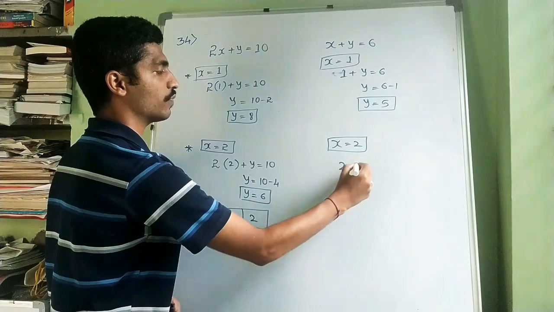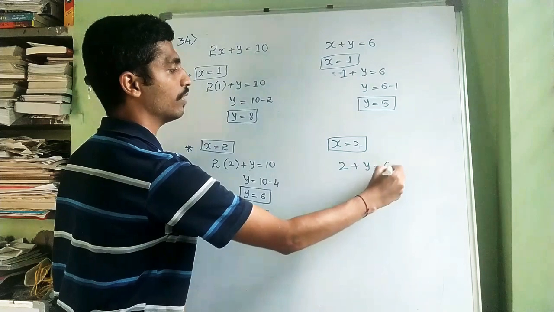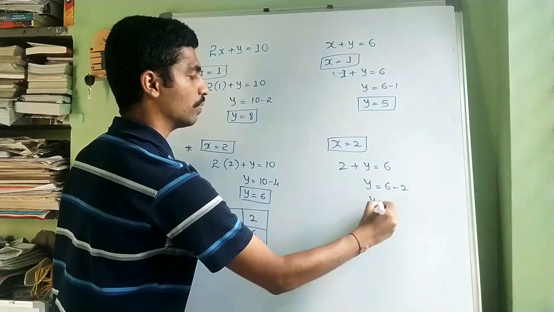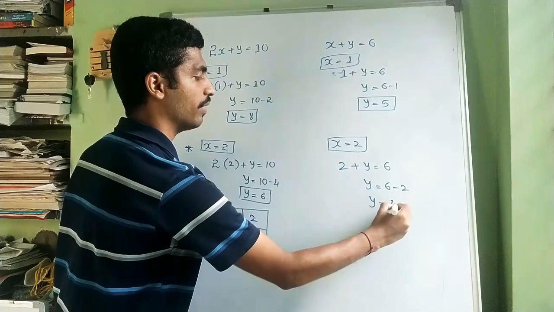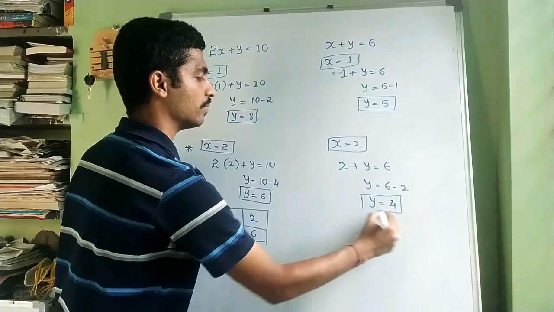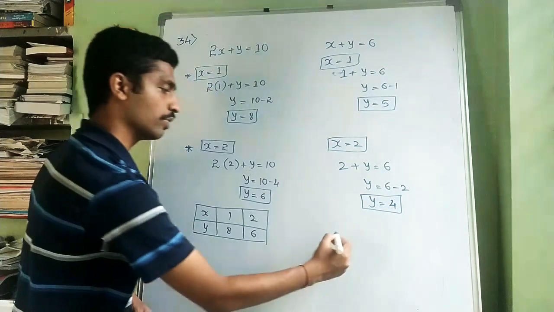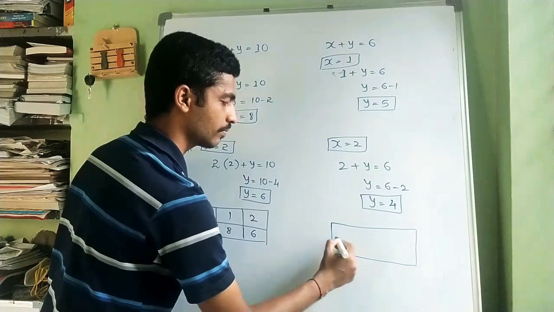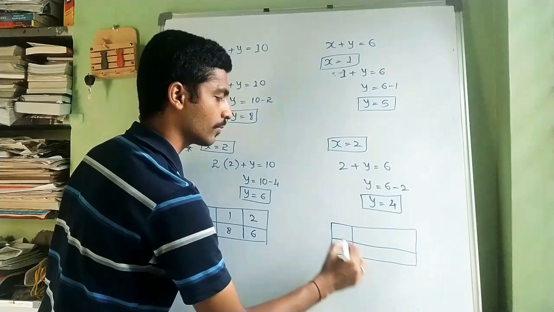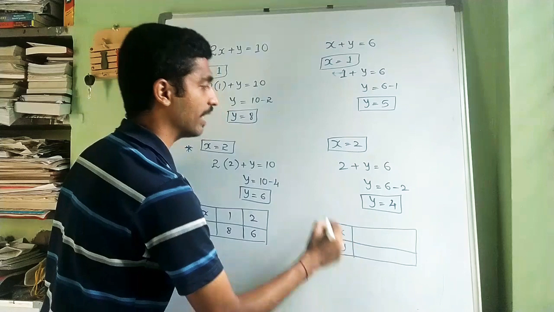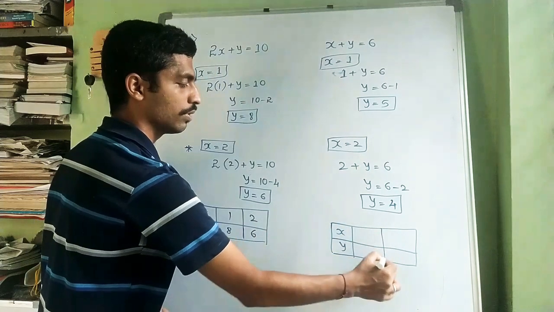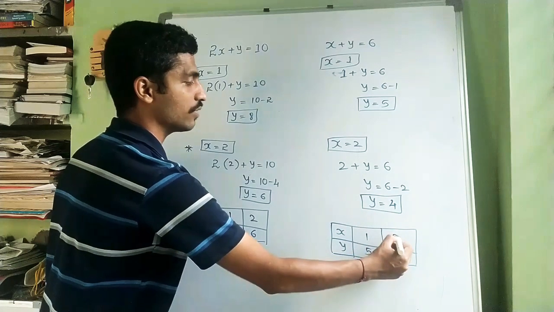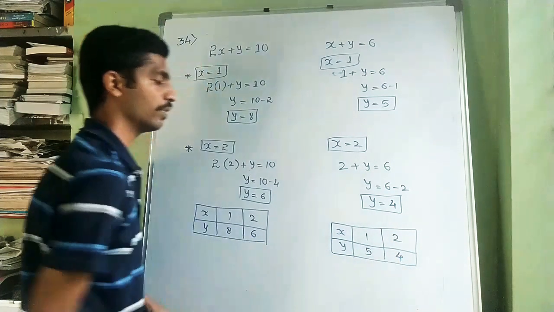Okay, so that becomes 2 plus y equal to 6. So y equal to 6 minus 2, it will be 4. Okay, so put in the solution table x, y. Okay, so x is 1, y will get here 5. Next, x is 2, y will be 4.